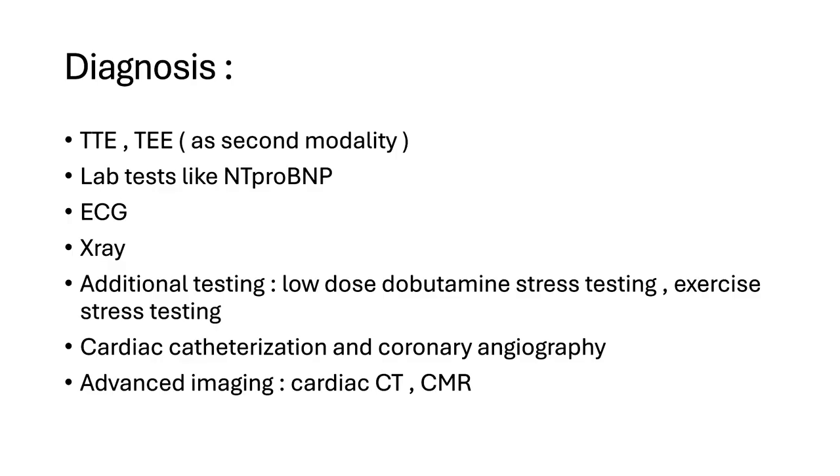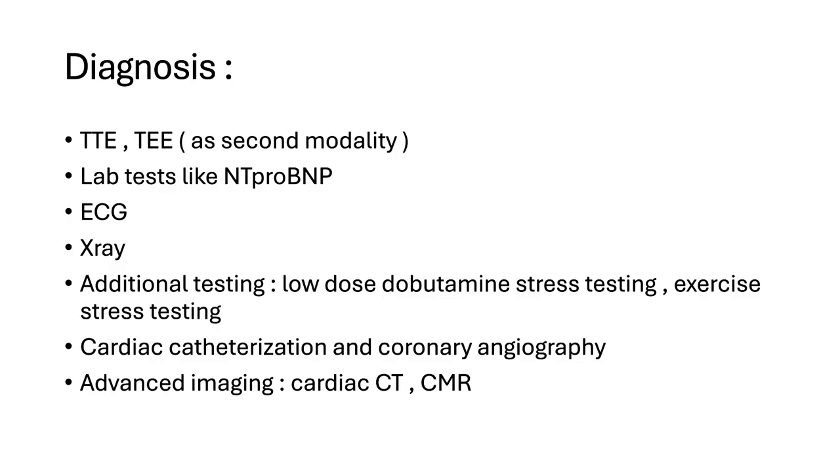We can use additional tests like exercise stress testing, or low-dose dobutamine stress tests if the patient cannot do physical exercise. Stress testing is indicated to detect if the patient has symptoms during exercise.